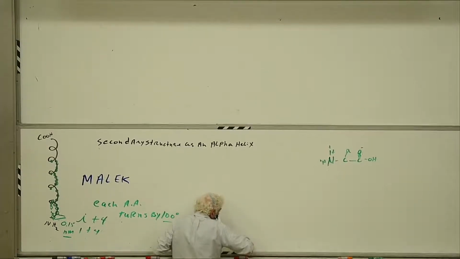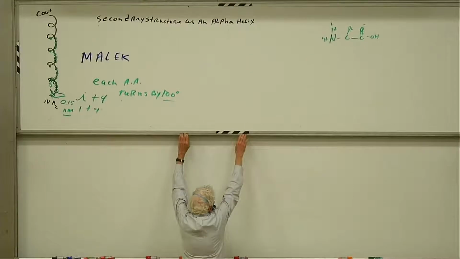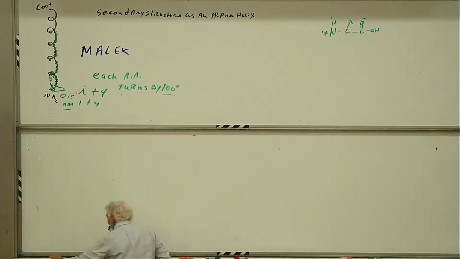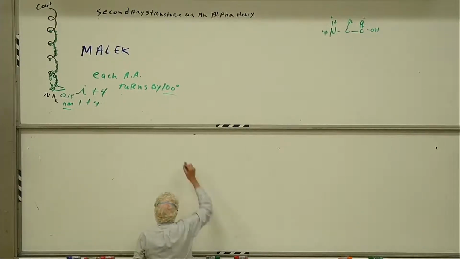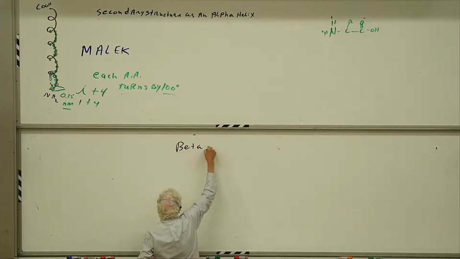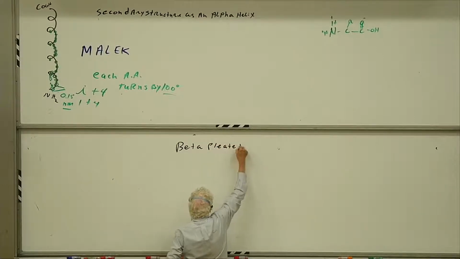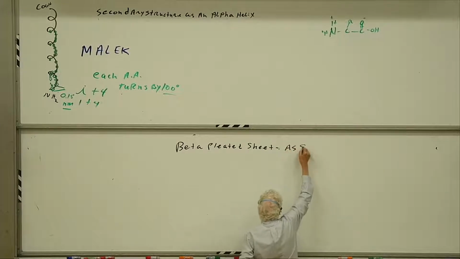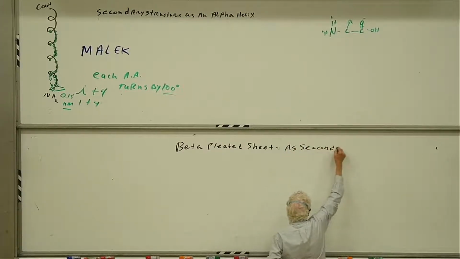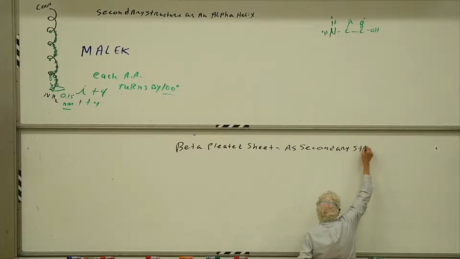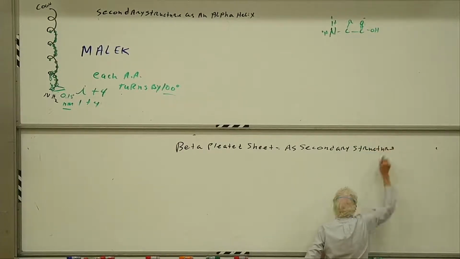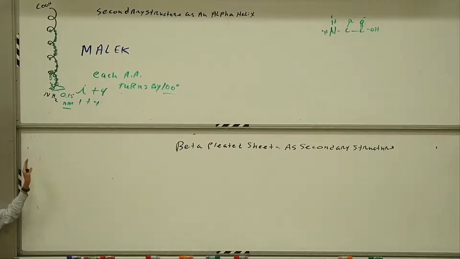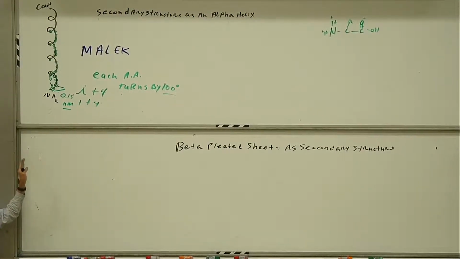Let me go to the other panel. And on this panel, we're going to talk about the other kind of secondary structure. We're going to talk about beta pleated sheet as secondary structure. The emphasis on the alpha helix is that that's hydrogen bonding within the backbone of the molecule.